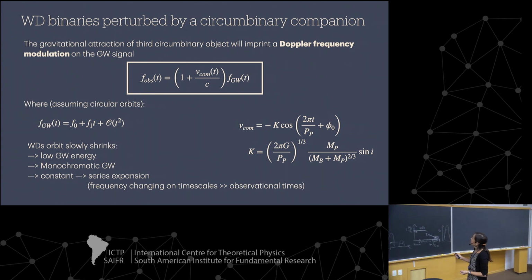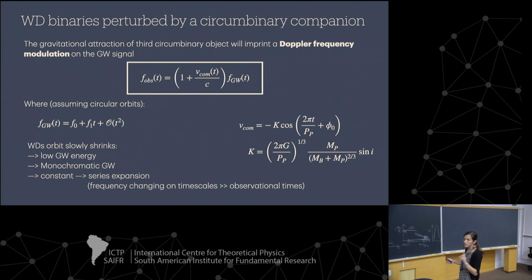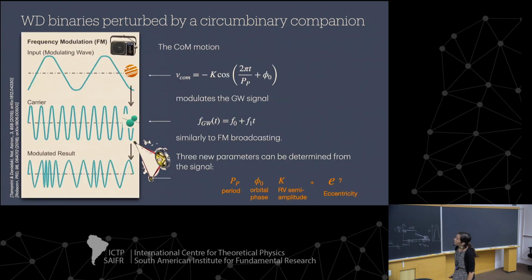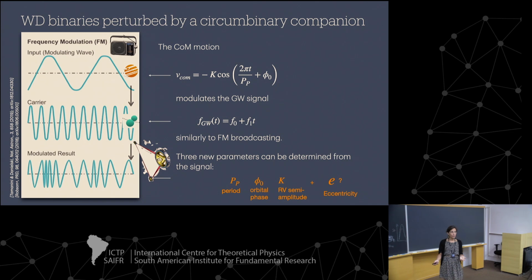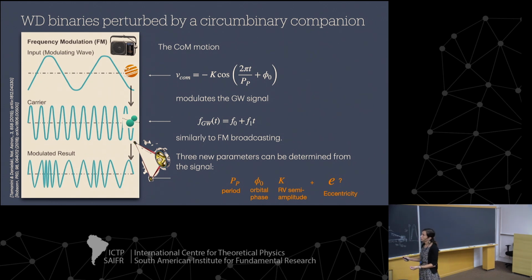And see, this is the formula of the center of mass, where k is like the k in exoplanets, so it is the semi-amplitude of the signal. And this is the inclination of the orbit and the mass of the binary. In simple words, you can compare it to the radio FM, where you have a carrier, which is your gravitational wave, produced by your binary.